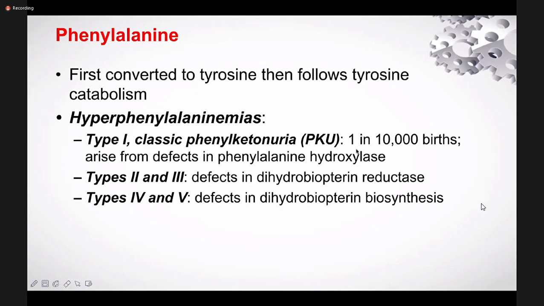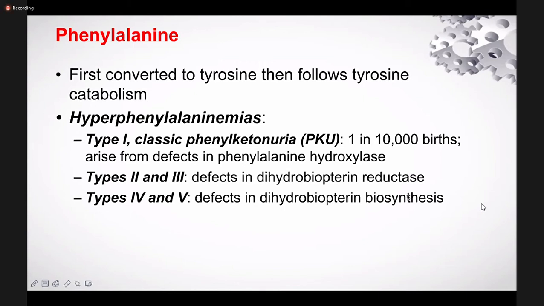These types depend on which enzyme is affected. For type 1, the defect is in phenylalanine hydroxylase. For types 2 and 3, the defect is in dihydrobiopterin reductase. For types 4 and 5, the defect is in dihydrobiopterin biosynthesis.